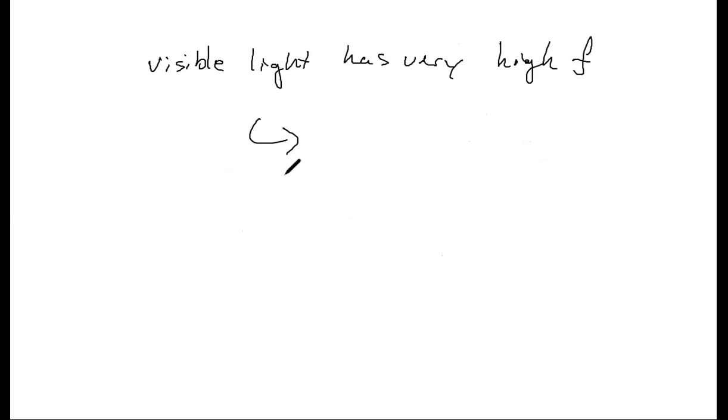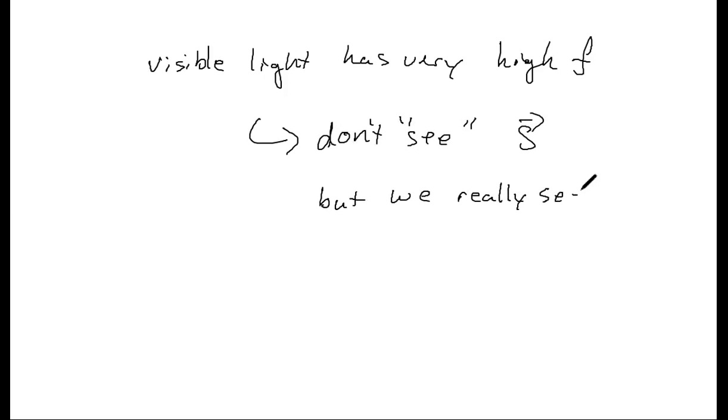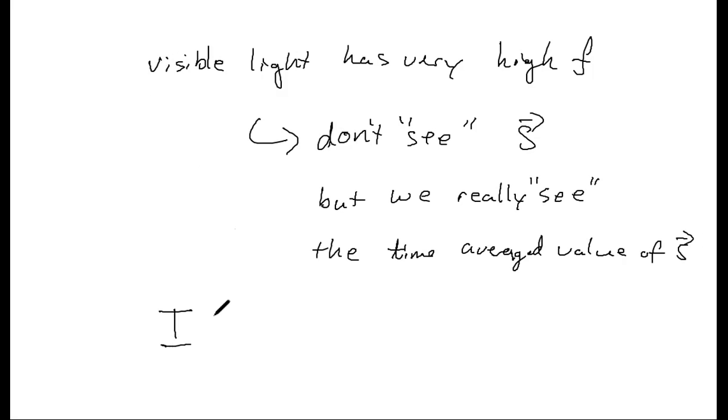So what we perceive is not S. We don't see S, we really just see the time averaged value of S. So to calculate what we perceive as brightness or intensity, we should calculate the time average of S. Intensity should equal the average value of S.